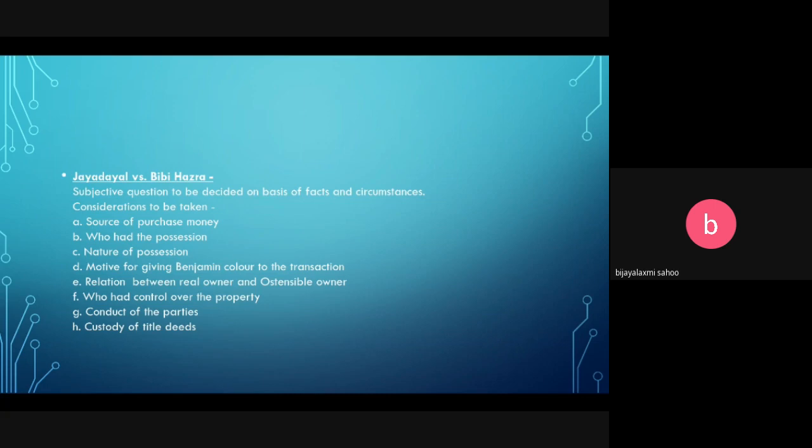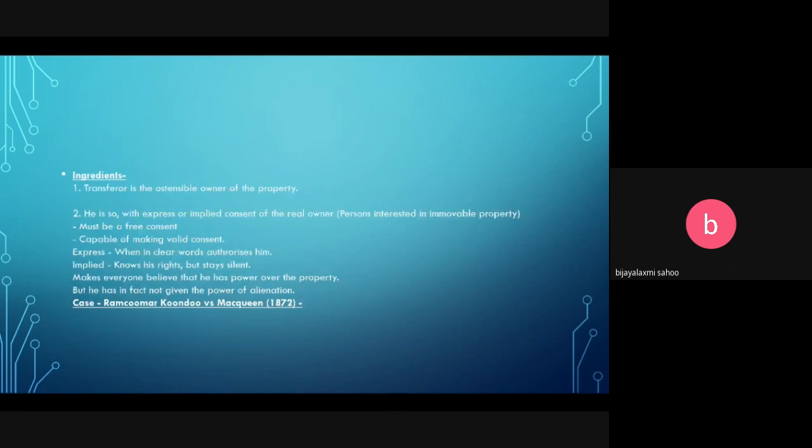Conduct of the parties: how the parties behaved before the world, or whether the real owner allowed that person to behave like a real owner, that will be considered. Custody of the title deeds: who had the custody of the title deeds? Those things will be considered as well. So all these things will be considered while deciding whether the person is an ostensible owner or not.